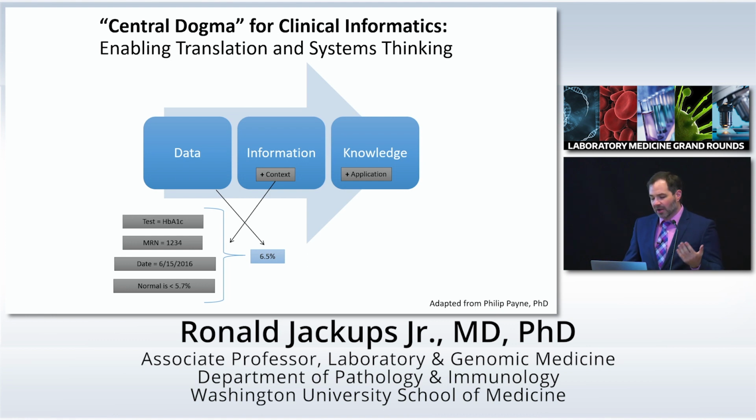Then finally, knowing that this is an abnormal result, what do we want to do? We want somebody to act on it. So we could send an alert to a care provider through the electronic health record, and now we have action, some kind of application, and so this is knowledge.